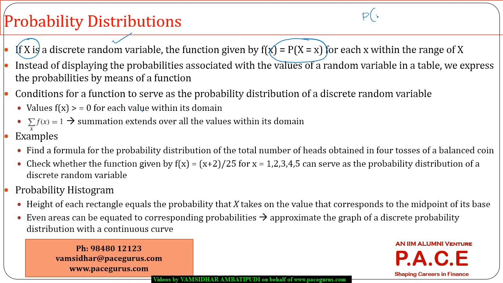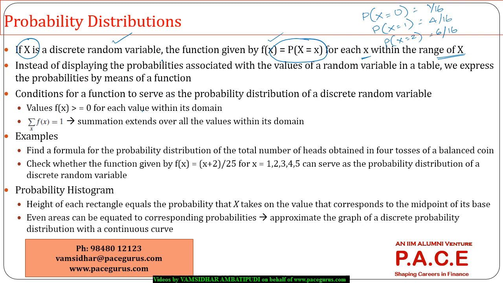Probability of X equal to 0 is 1 by 16. Probability of X equal to 1 head was 4 by 16. Probability of X equal to 2 heads was 6 by 16, and so on, right? So the function that I am giving for each x within the range of X is what we are calling a probability distribution for that particular value.